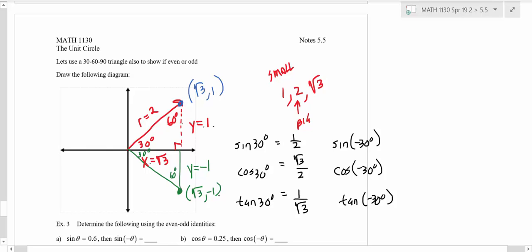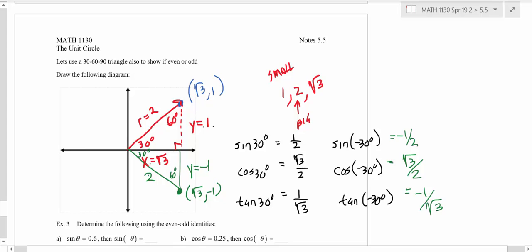So in this triangle, the sine would be opposite, -1, over hypotenuse, so that's -1/2. Cosine would be adjacent, square root of 3, over hypotenuse, so you would get that. And then the tangent would be opposite, -1, over adjacent, square root of 3, so -1 over square root of 3.